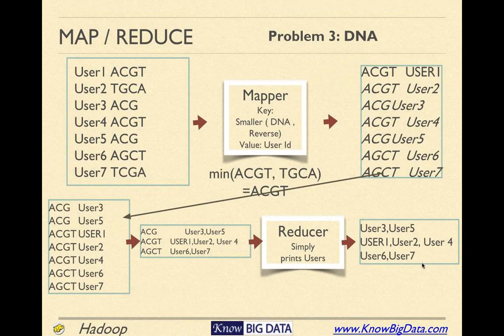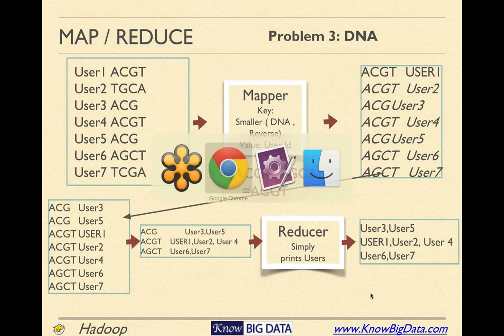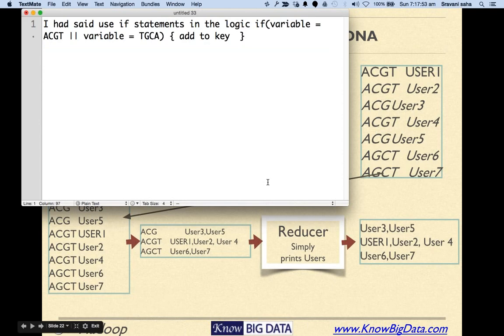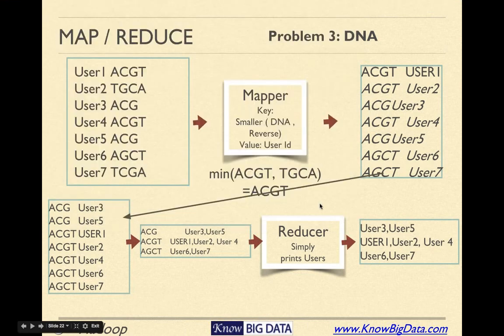Keep that in mind, if that is what you are hinting at. So you are saying: if the variable equals ACGT or the variable equals TGCA, add to the key. Now the problem with this is that we don't have access to both of these at the same time, right?